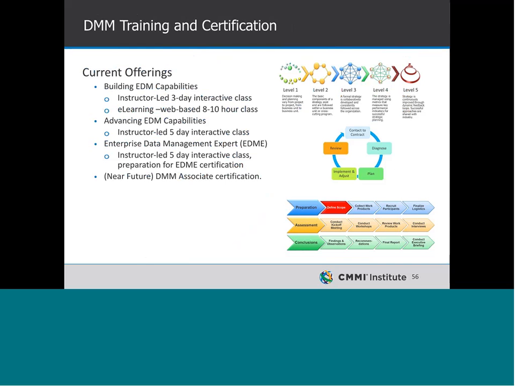So there's 3 levels of training that CMMI offers. One of them is the basic, building enterprise data management capabilities, which is the first level, and that's the level that we had 20 people attend last month. The next level is the advanced training, and we're currently working on getting a class together for that and scraping together the funding. So we have not gotten to the advanced course yet.